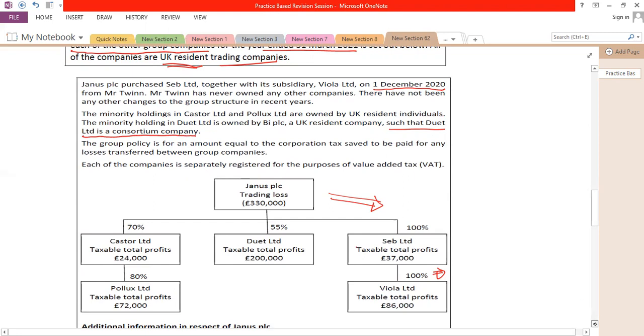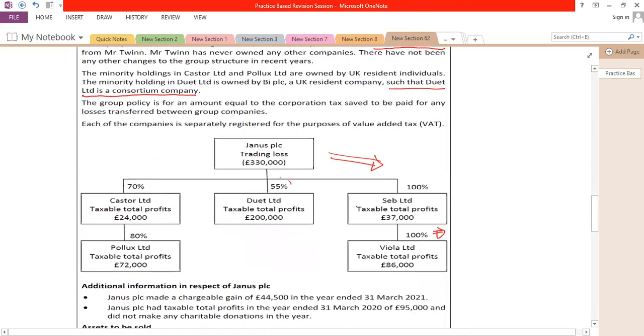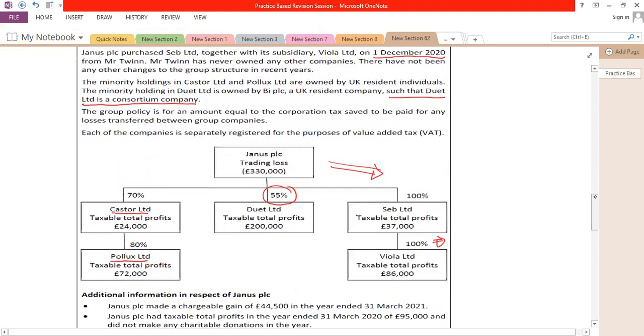So if you can see the group structure, Janus PLC has 55% shares in Dute Limited, 70% shares in Castor Limited, and Castor Limited has 80% shares in this one. So for a group loss relief, 75% direct or 75% indirect holding is needed. So when you have a group structure, you might have some 75% companies and you might have some consortium relationship. So the difference should be clear that how losses can be offset in a group structure and in a non-group structure.